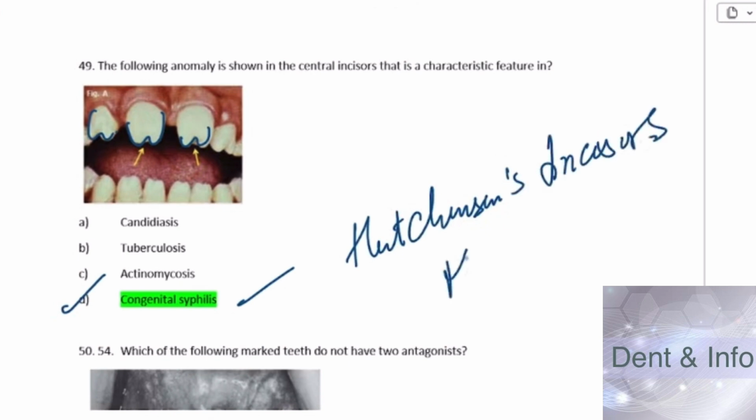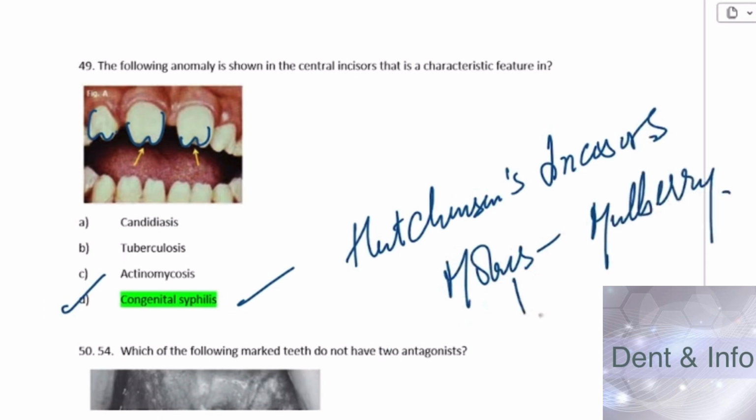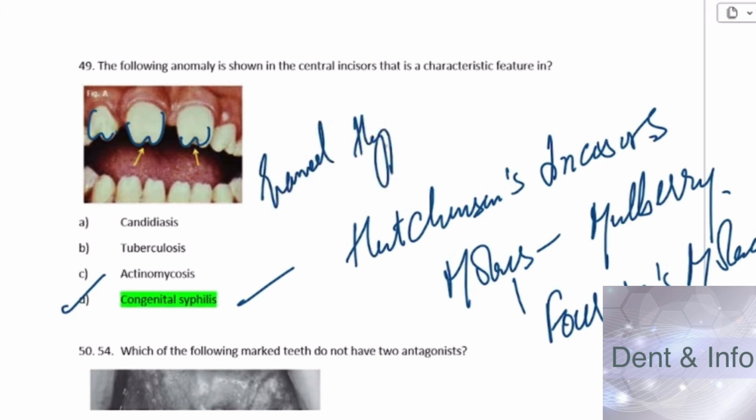Now molars, they look like mulberry molars or Hutchinson's molars, also known as Fournier's molars or Moon's molars. So basically, because of the syphilis, it simply represents a kind of environmental enamel hypoplasia. Okay.